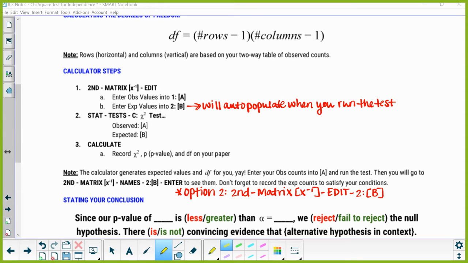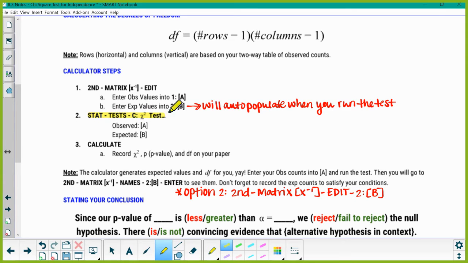However, as soon as you run that test, it's going to override and automatically calculate them for you anyway. So matrix A, matrix B, and then you're going to go to stat tests, C, chi-square test, and it's going to ask, where are your observed values? Where do you want your expected? Typically, you're not going to be changing these because you're really only working with one data set at a time.